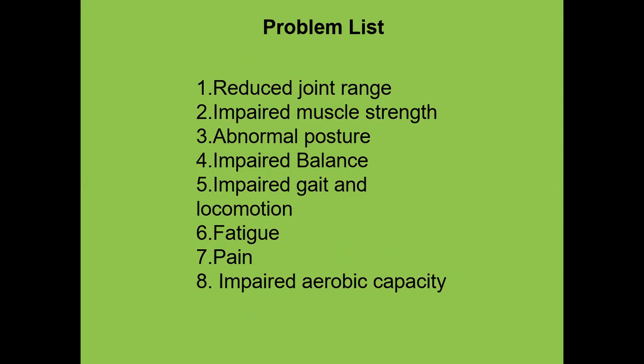They lose balance and gait, especially walking pattern or locomotion. They develop fatigue and pain, and there is a lack of aerobic capacity. So being a physiotherapist in clinical practice, if you identify these problems, you can deal with them with a physical therapy approach to reduce symptoms and maximize function in the therapeutic care.